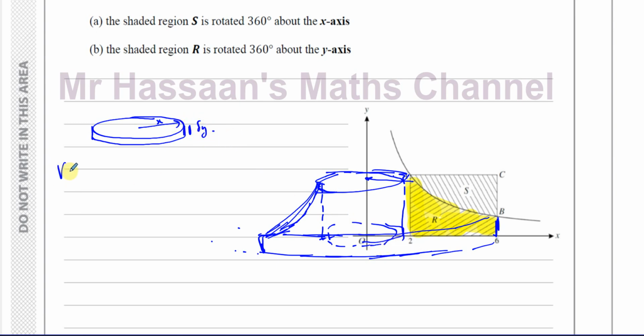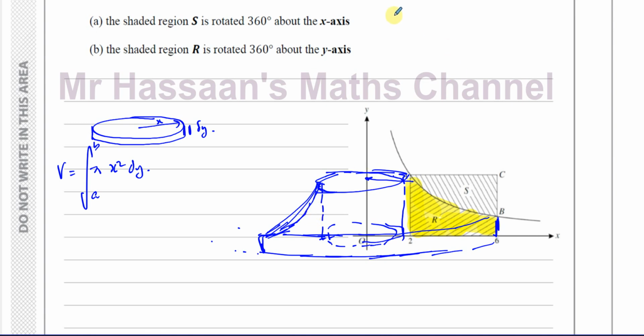So the volume of this now is going to be pi times the radius squared, which is x squared, times dy. So if I want to find the volume of this shape, then I've got to go from wherever we want to start to wherever we want to end. So we can put between a and b, and that will give us the volume of something revolving around the y-axis this time: pi x squared dy.